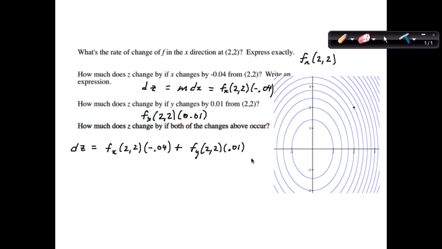Okay, so now we're going to consider those both happening together. What would that be like, making both those changes together? So here's our point at 2, 2.